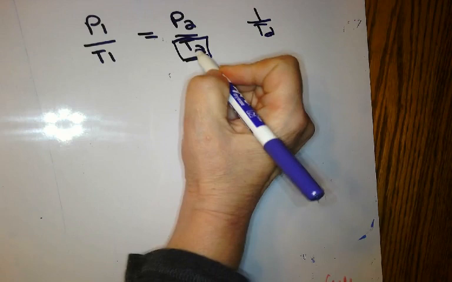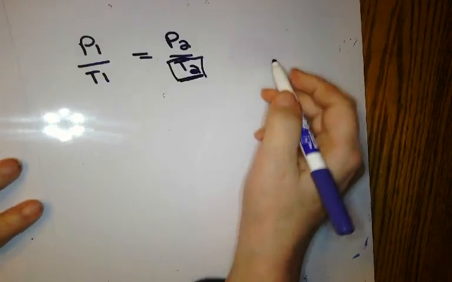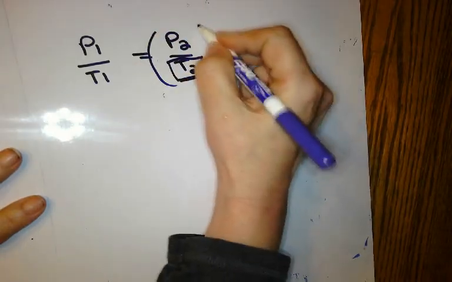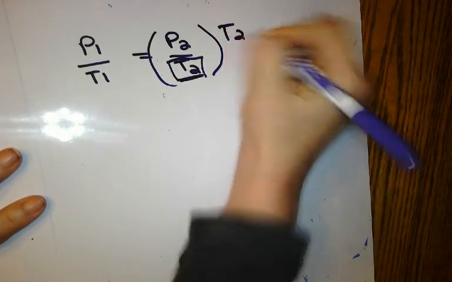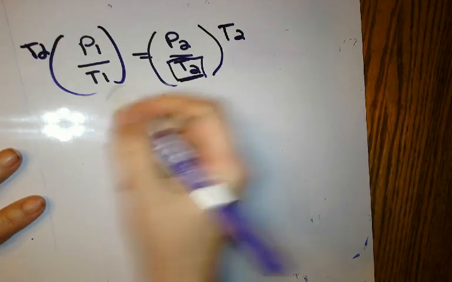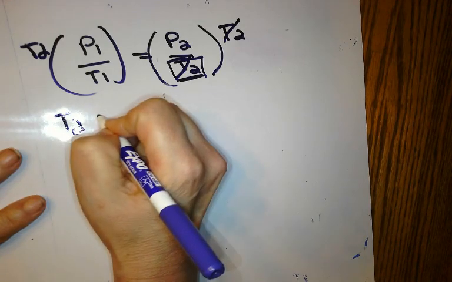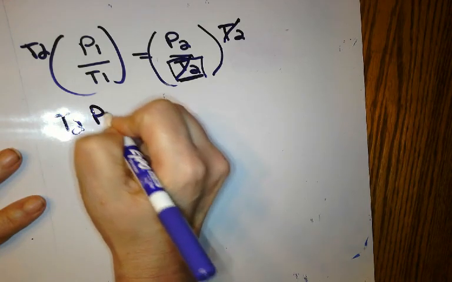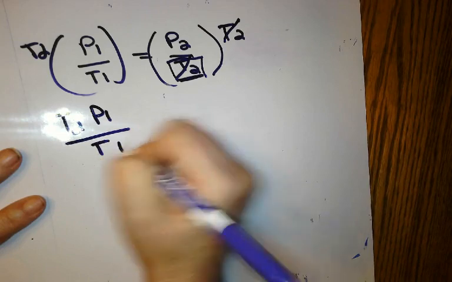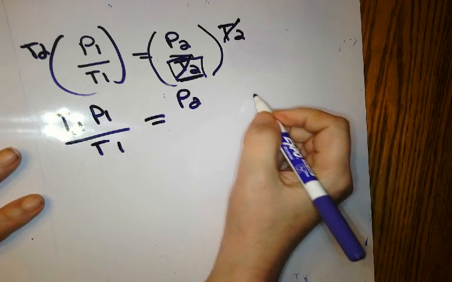T2, whatever you're solving for, has to be on top. Okay, so let's go through that slowly algebraically. I need to get T2 on top, so I'm going to multiply both sides by T2. Okay, so my T2 is gone, and I have T2 times P1 divided by T1 equals P2. Okay, that's what I have.